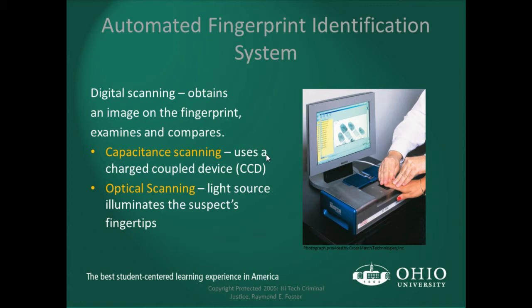When we talk about an automated fingerprint identification system, or an AFIS system, there are typically two types of systems. There is a capacitive scanning system, or a CCD, charge coupled device, or the optical, where it uses a light source to illuminate the suspect's fingerprint and capture it on a latent glass plate.